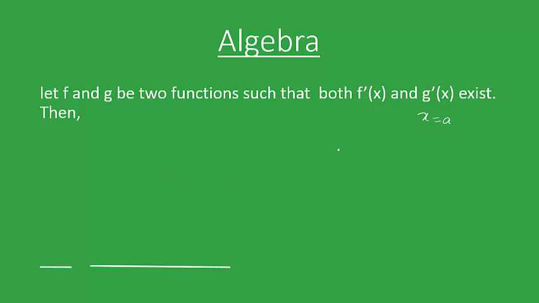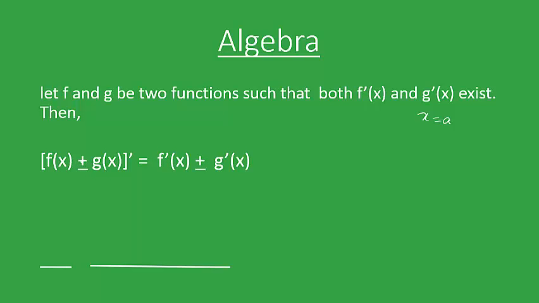Then we'll have the following rule, which says that the derivative of f(x) plus g(x) is equal to the sum of the derivatives individually, that is f dash x plus g dash x.